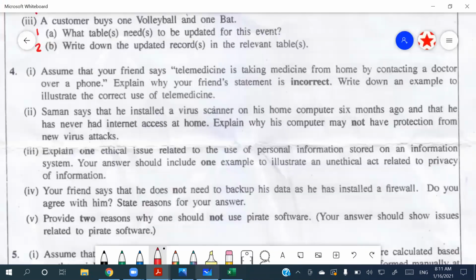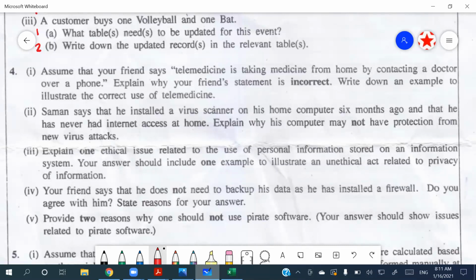The second one says someone installed a virus scanner on his home computer 6 months ago and that he has never had internet access at home. Explain why his computer may not have protection from the new virus attacks.